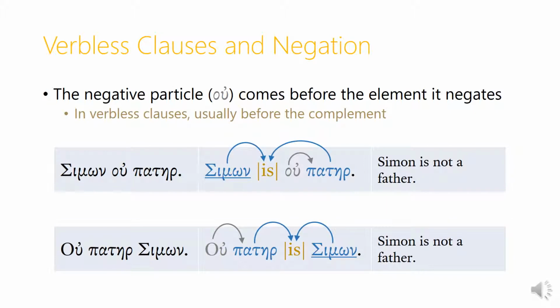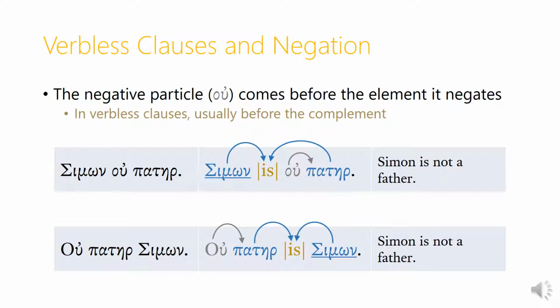Another issue that sometimes comes up with verbless clauses is how to negate them. Where do you put the ou, the negative particle? And generally, the negative particle ou comes immediately before the element that it negates. In verbless clauses, this means that it usually comes before the complement, not before the subject, but before the complement.